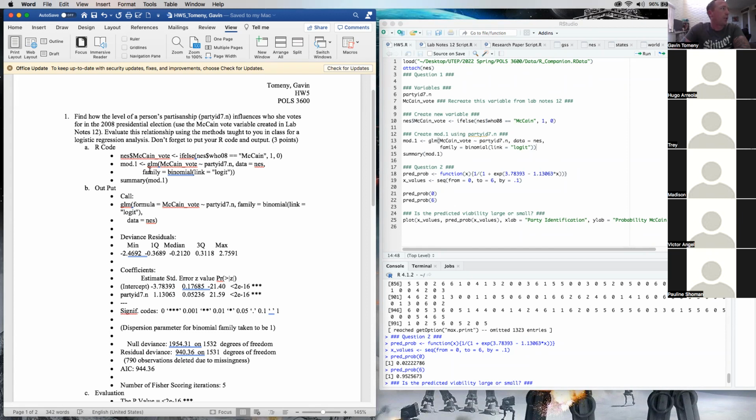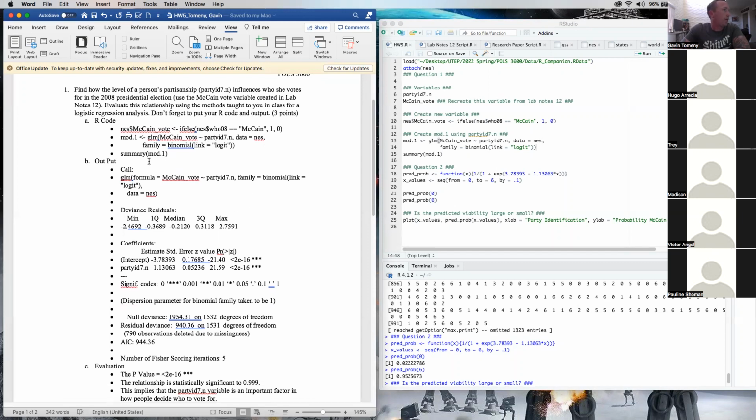And so then we're just doing a logistic regression of how people voted for McCain and how the party ID 7N affects that. So the McCain vote is your dependent variable, which is being changed by the party ID, your independent variable.